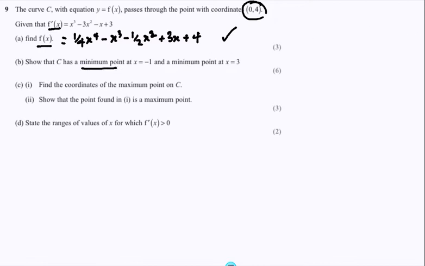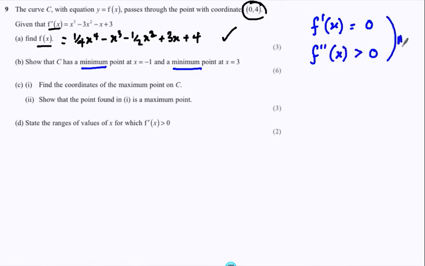Minimum points. In fact, let's go blue on this one. Things about minimum points are that for a minimum point, f dash x would be 0, but also the second differential would be greater than 0. That tells me I've got a minimum. Now I've got f dashed of x already.